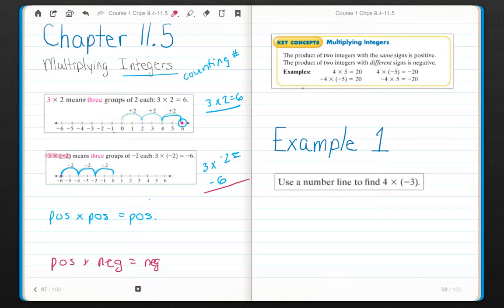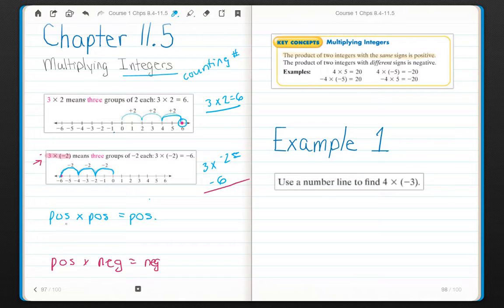But what about if they have the same signs? Well, if I have negative 3 times negative 2, that's like the opposite of 3 groups of negative 2. So it's the opposite of this one. If I have negative 3 groups, I would have the opposite. So, the product of 2 integers with the same sign is positive.